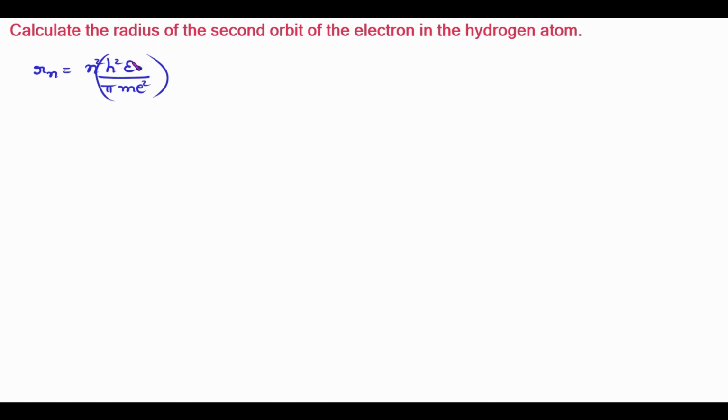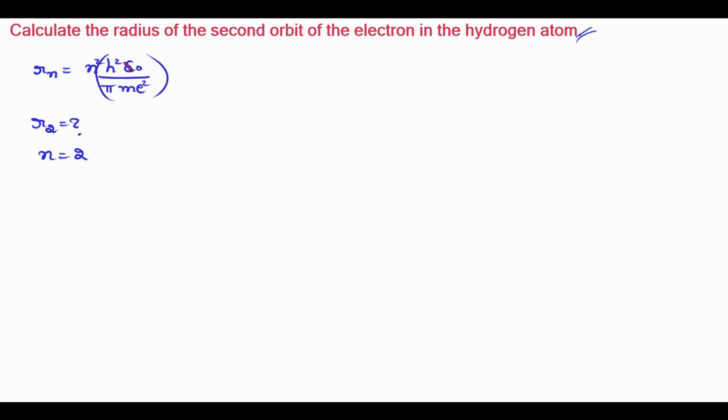Here in this question they have not given anything, just the type of atom is mentioned, which is hydrogen atom. The radius of the second orbit has to be calculated, which means R2 has to be calculated. N is 2 here. Only the n value is unknown here, the rest everything are constants.